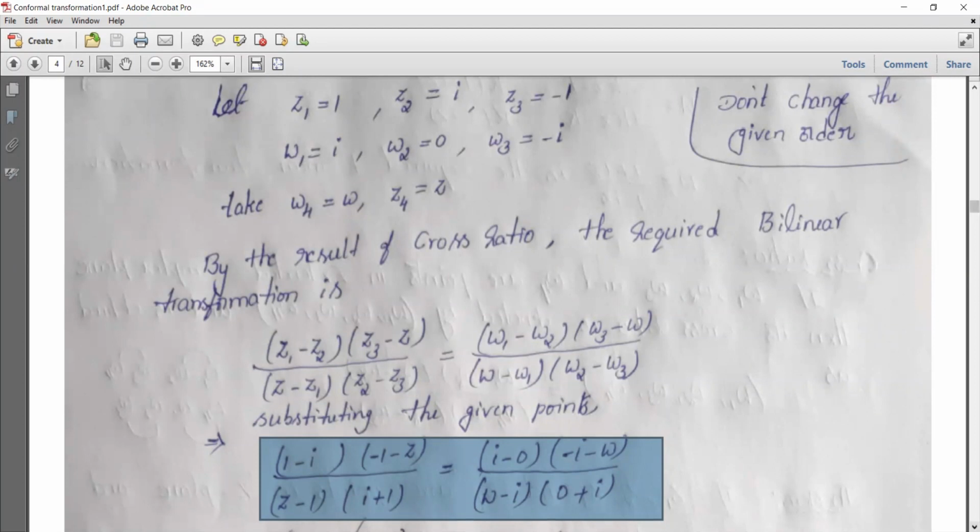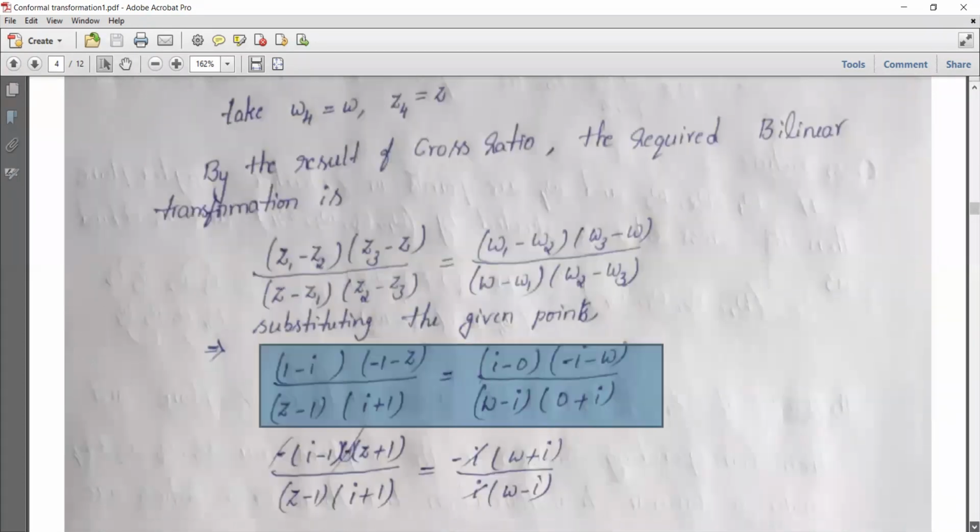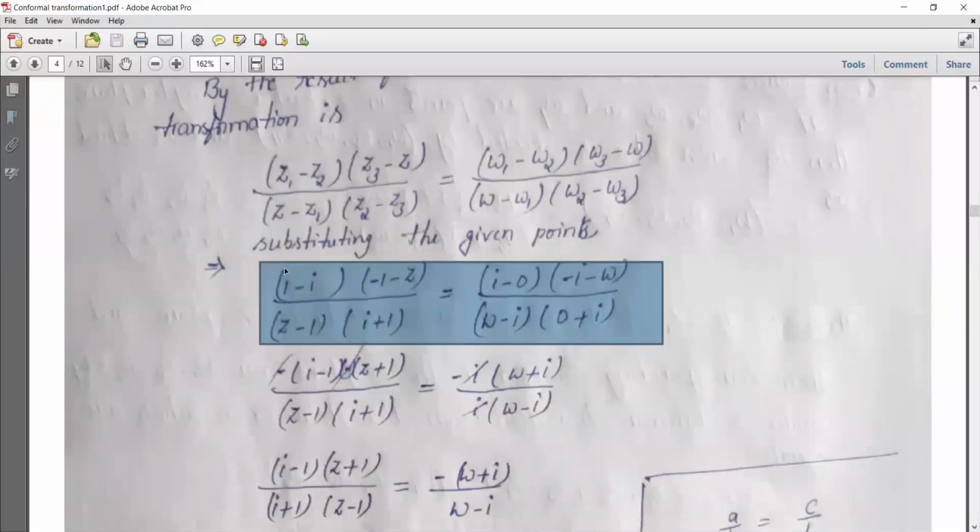What is our aim? Our aim is to find the bilinear transformation W. So now simplify. In the numerator, I took minus common from the first factor. That means in 1 minus I, that is minus of (I minus 1). In the second factor, minus 1 minus z, I took minus 1 common. That is minus 1 into (z plus 1).